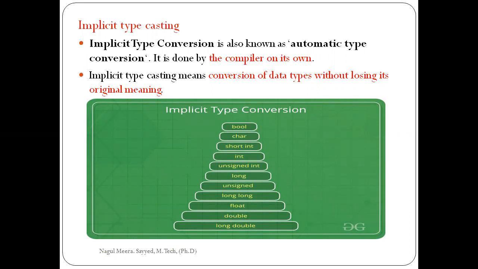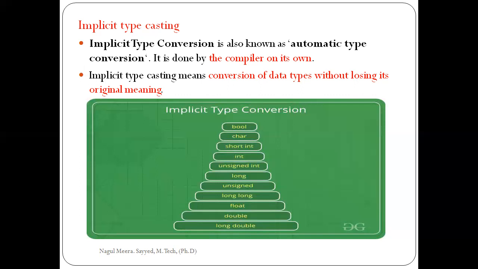In implicit type conversion, the type conversion is done by the compiler on its own. The compiler can do this implicit type conversion on its own. Implicit type conversion means converting a data type without losing its original meaning. That is the meaning of implicit type conversion.